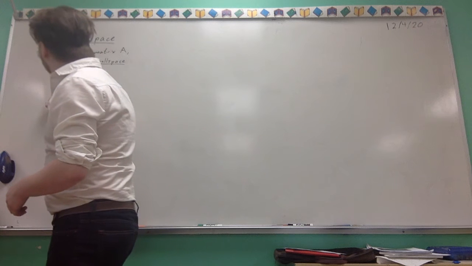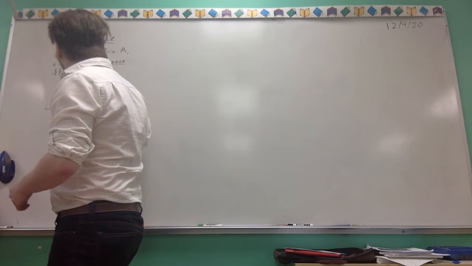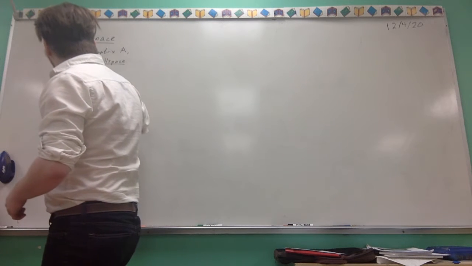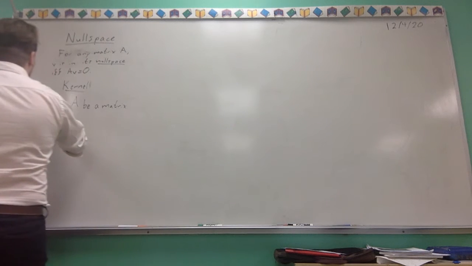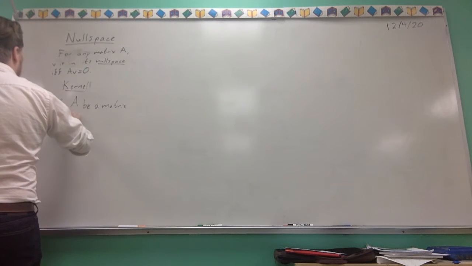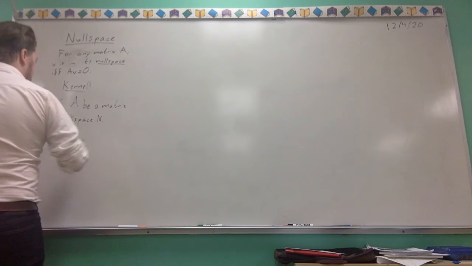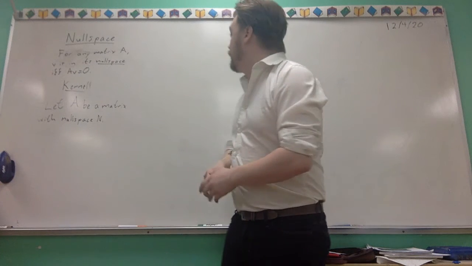So let's just quickly start off by stating that A is a matrix, and that N is its null space. So every vector in N multiplies by A to get 0.